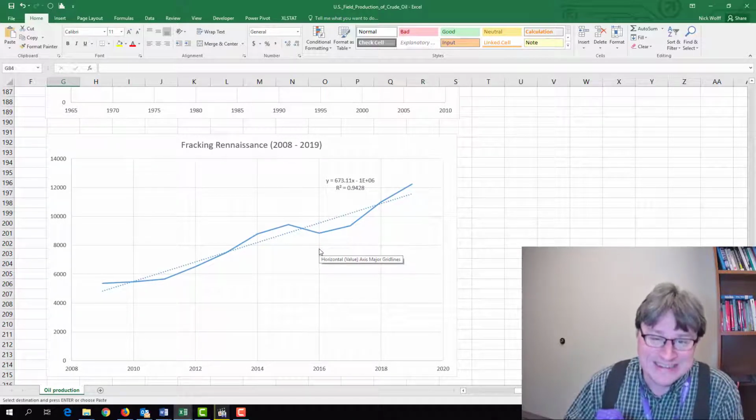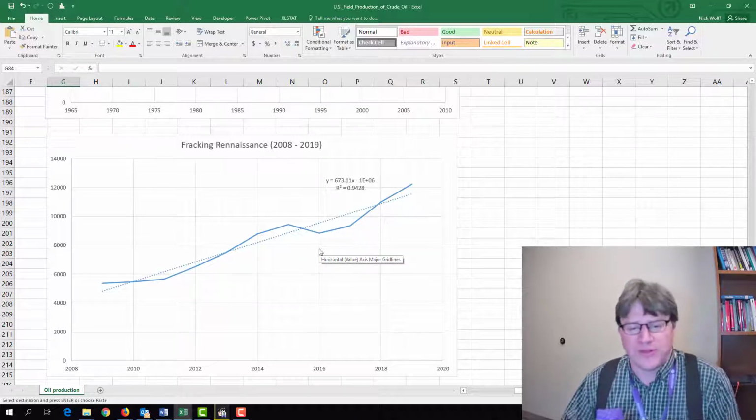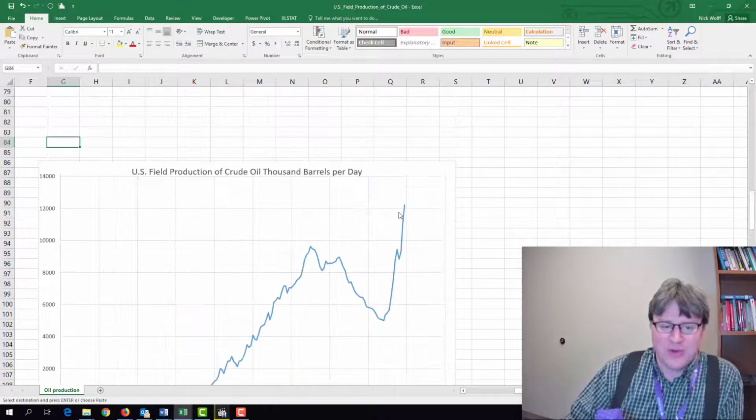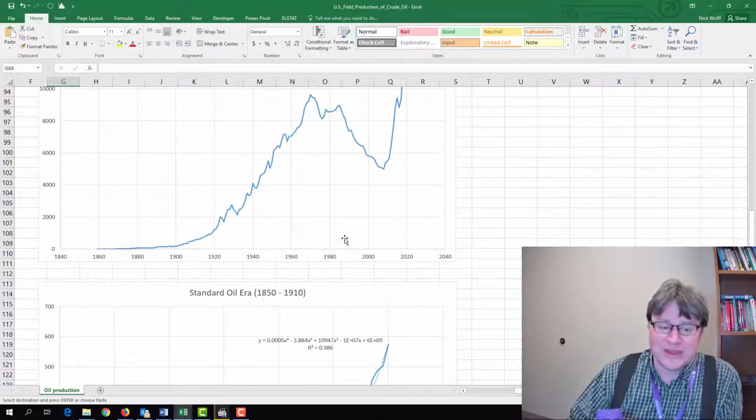673,000 barrels a day. Wow, it's amazing growth, still linear. And looking at the overall trend, it's definitely going at a very high rate relative to the others, but it's not obvious from this picture that it's linear, but it actually is.